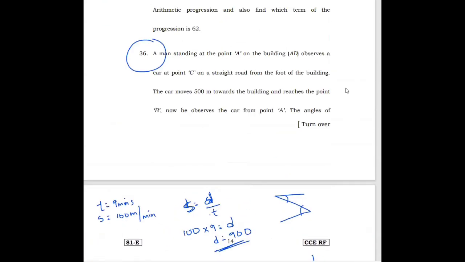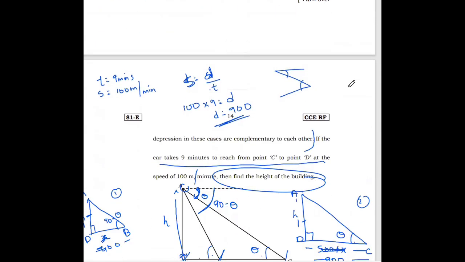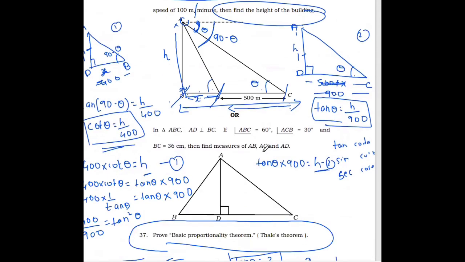To solve this, you need knowledge of complementary angles, the concept of tan theta and trigonometric ratios, that tan theta is equal to 1 by cot, and supplementary and complementary angle concepts.